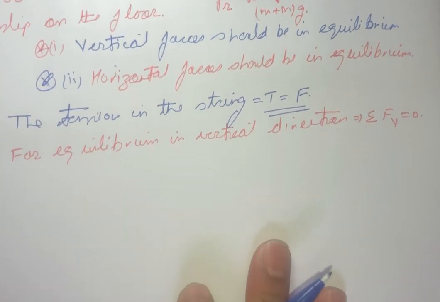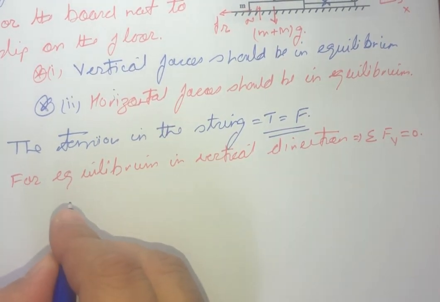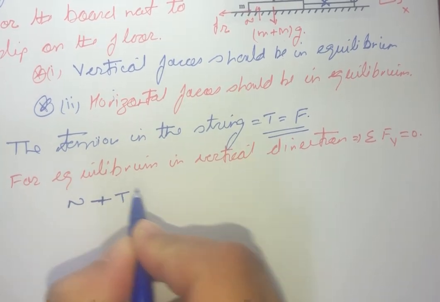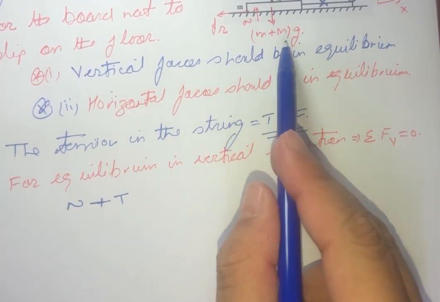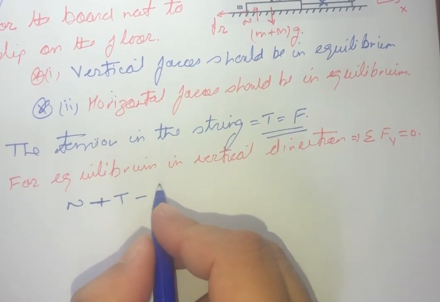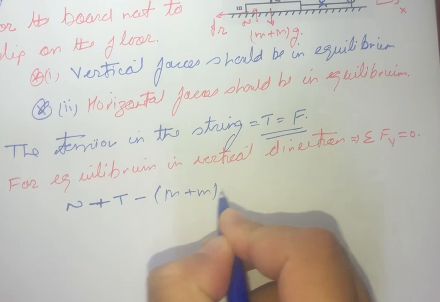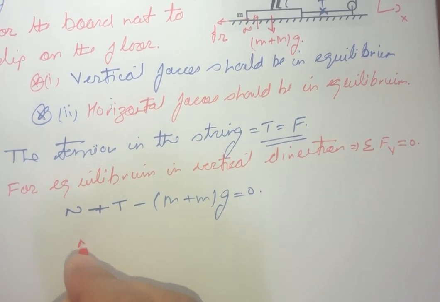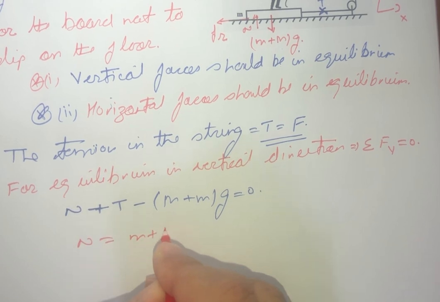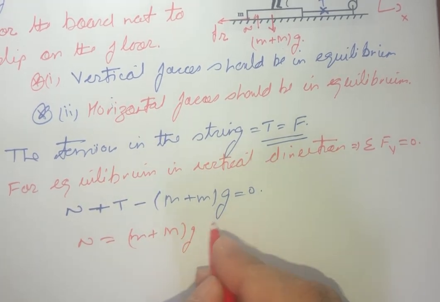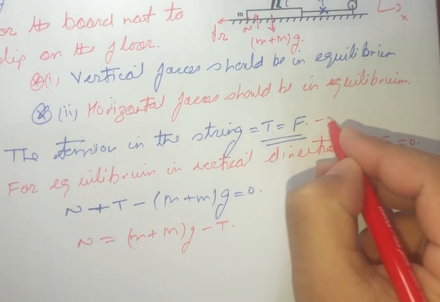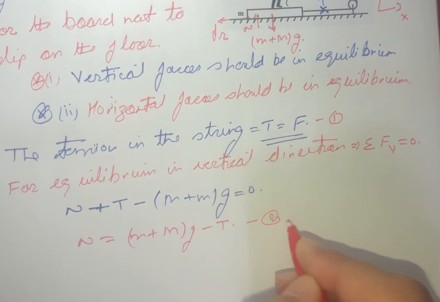That means we have normal N in the upward direction, and we have tension T, and in the downward direction we have (m plus M)g, should be equal to 0. From here we can find our normal. You can see that N is equal to (m plus M) times g minus T. Let us call this equation number 1. This is equation number 2.